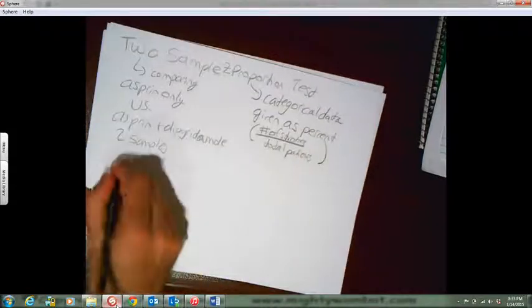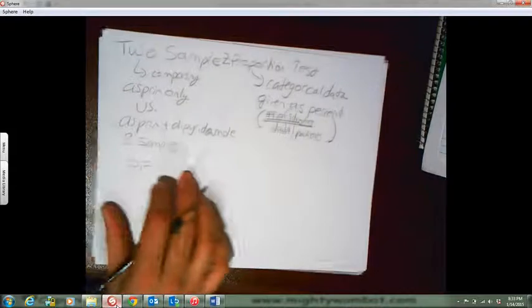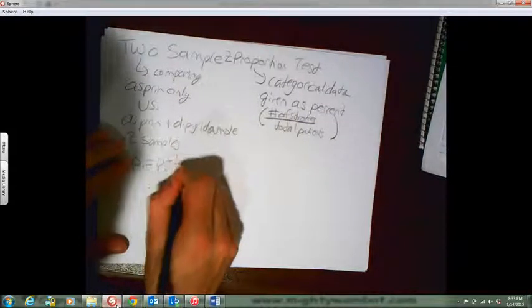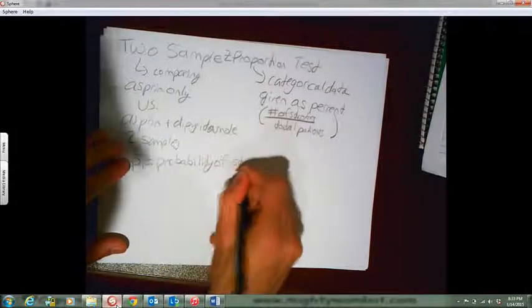Let me define the variable. P1 equals the probability of getting a stroke for the aspirin group, the probability of stroke after taking aspirin.